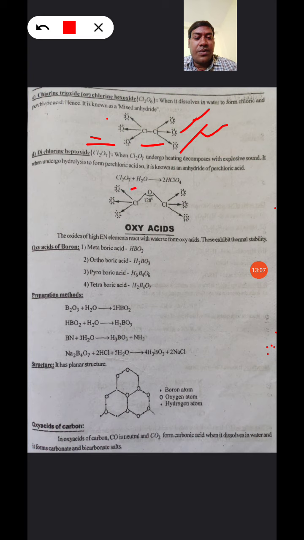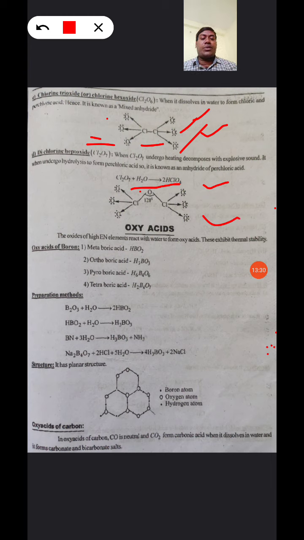So this is the reaction: Cl2O7 undergoes hydrolysis to form 2 moles of HClO4, perchloric acid.